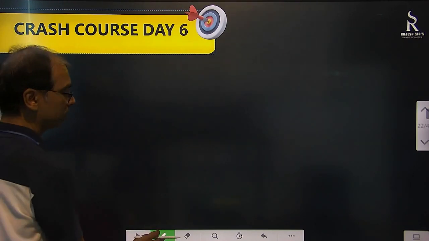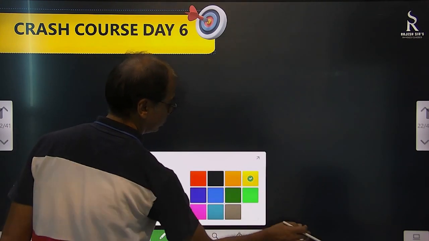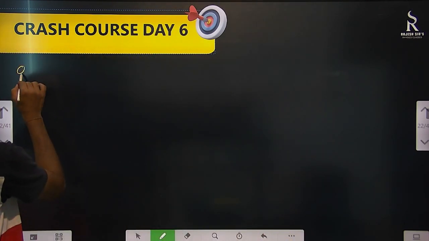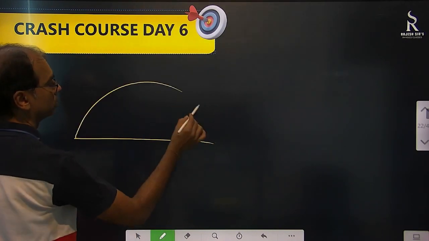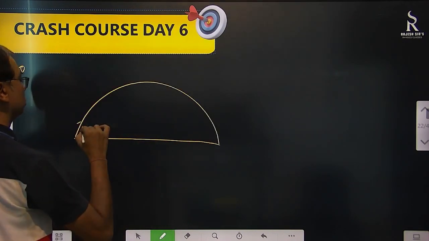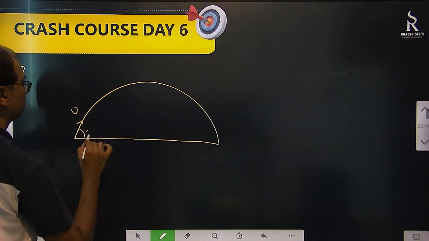We can associate this with projectile. How? See, here is a projectile like this, we know. This is u, this is theta.